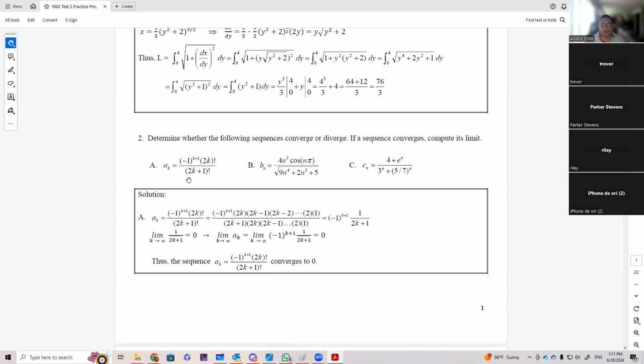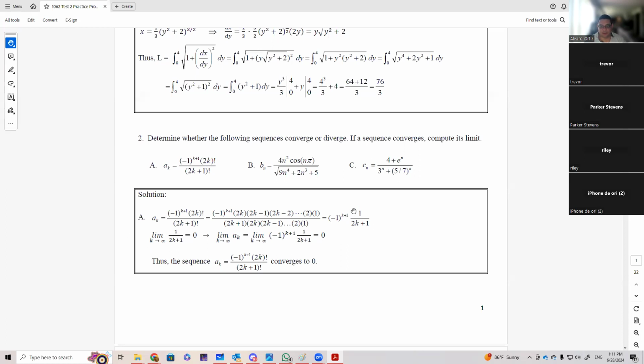That looks like a lot of things, but you can really see (2k+1)! as (2k)! times (2k+1). And so when you cancel all the remaining terms, what you're going to have is that this sequence is really just (-1)^(k+1) times 1 over (2k+1).